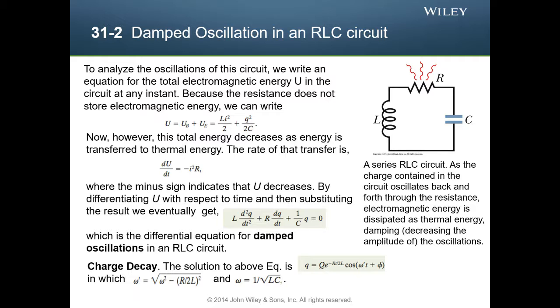So there are three cases. Delta equals B squared minus 4AC, which is R squared over L squared minus 4 over LC. There are three cases. You should have learned it in high school.